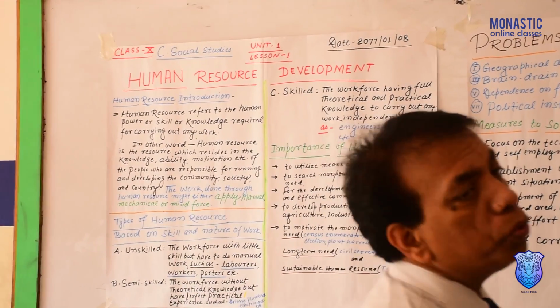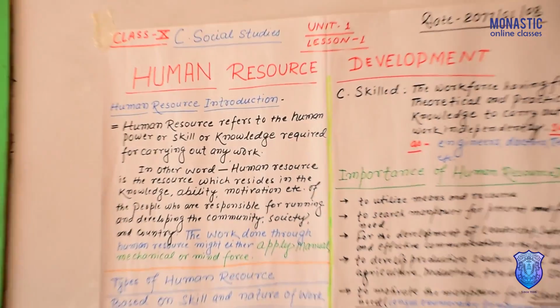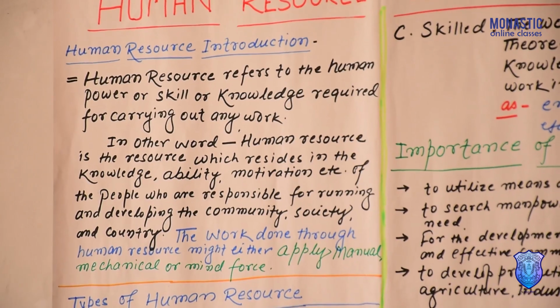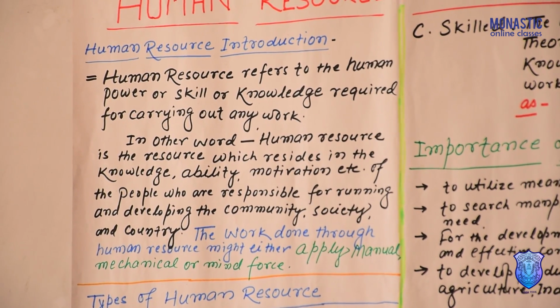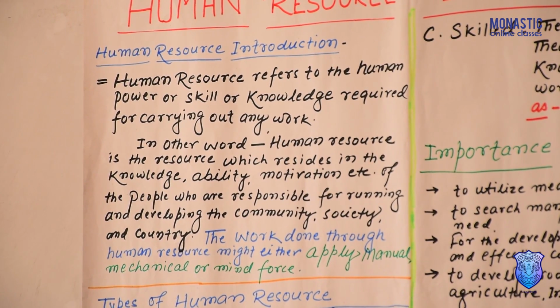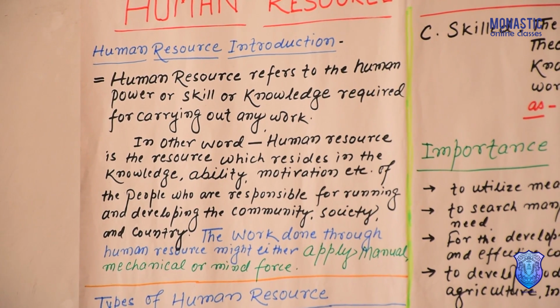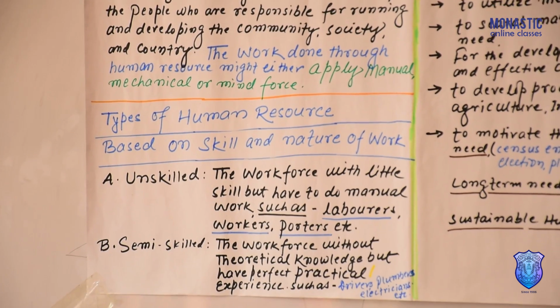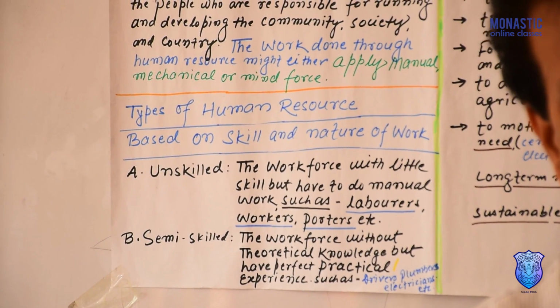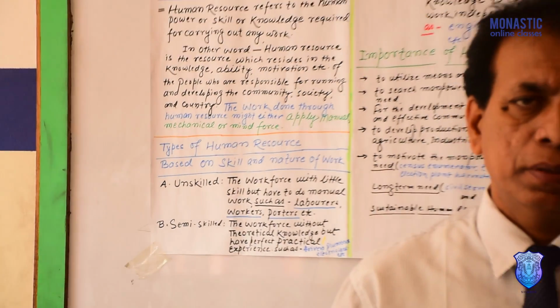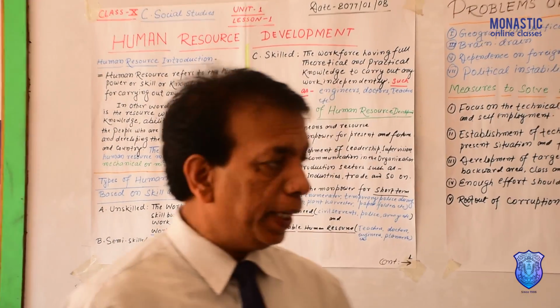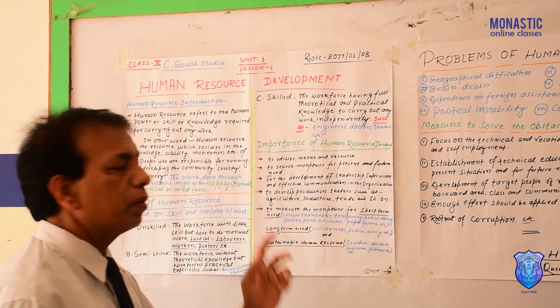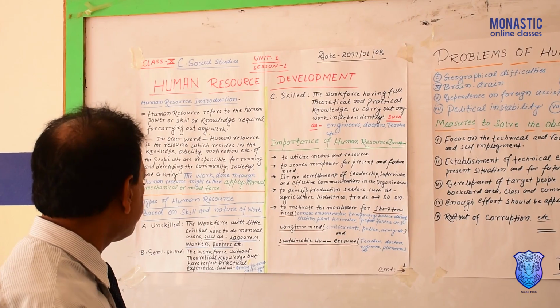Humans can do work in various ways: physical work, mental work, mechanical work, and manual work. In any kind of work, we need to utilize all these resources of human power.